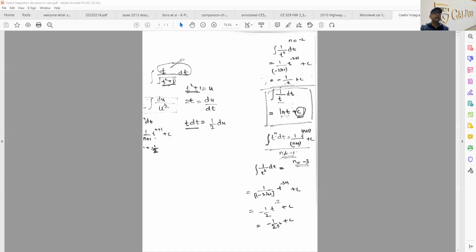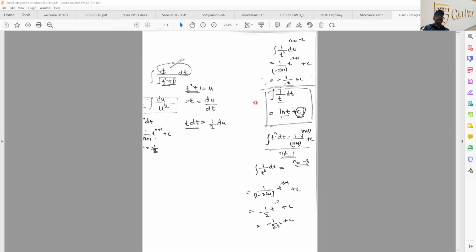Before we get started on that, I want to quickly go over some indefinite integration that we'll need a refresher on. So let me go ahead and share my screen. Okay, so how do we integrate things? As you probably know, integration is basically the process that's opposite of differentiation.